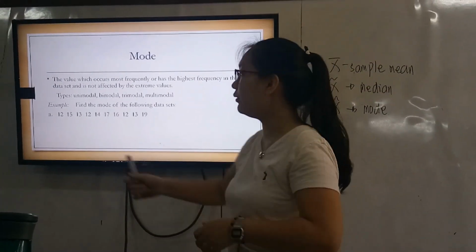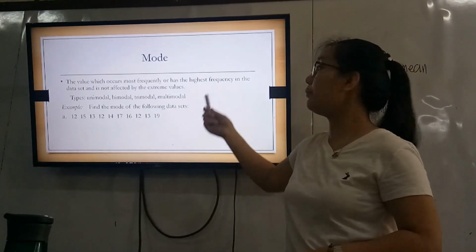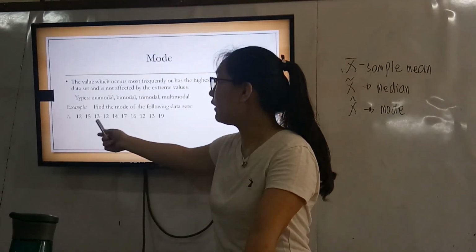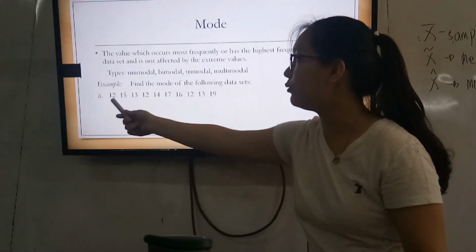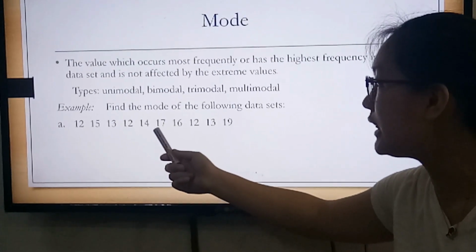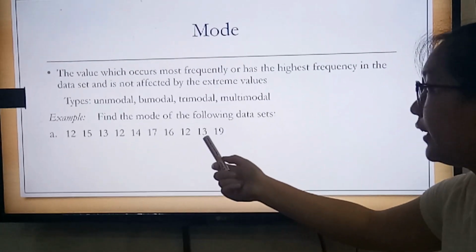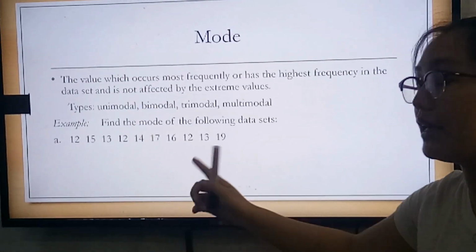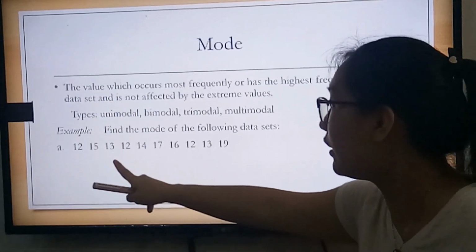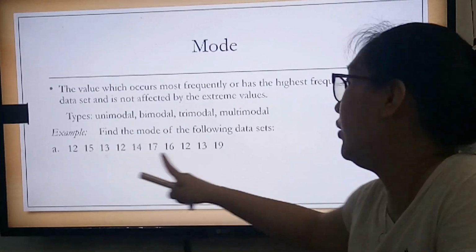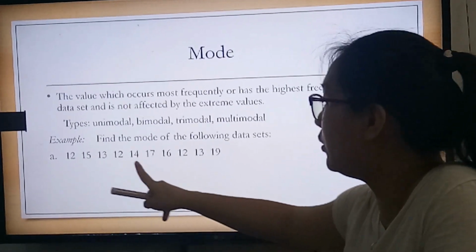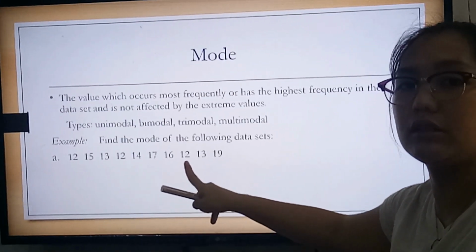So letter A, we have your data set to be this. It says here, the highest frequency. Let's check: 12, 15, 13, 12, 14, 17, 16, 12, 13, and then 19. Which has the most frequent or the highest frequency? The 13 appeared twice, right? The 12 appeared 1, 2, 3, three times.